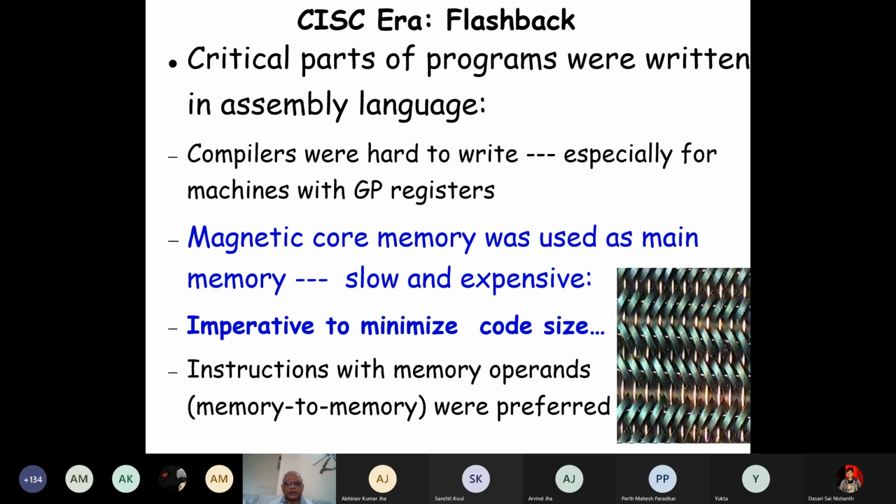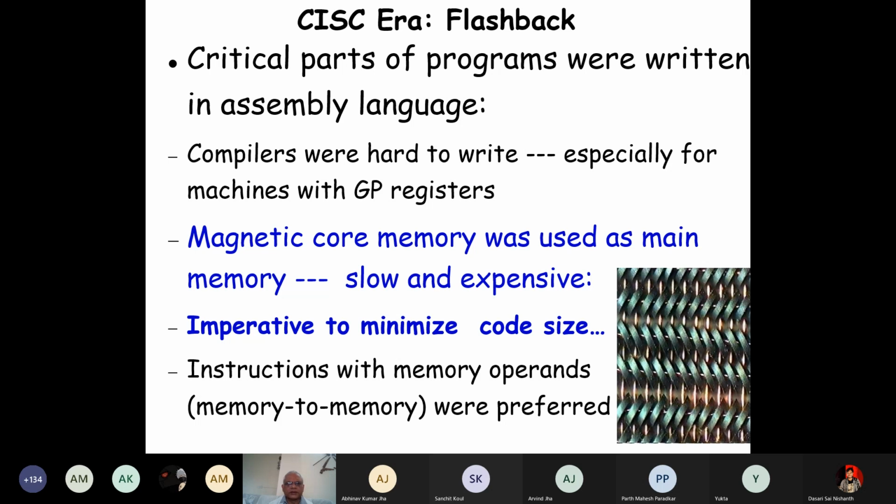Since the compilers were not good in those days, there was a critical part of every program which gets executed frequently. Those are called the core of the program. Most of the execution is spent in only a small part of the program.